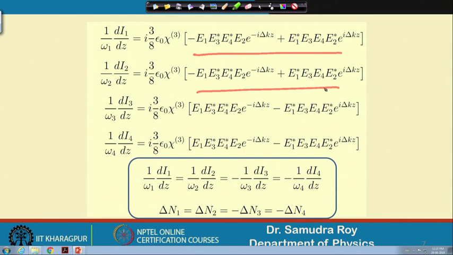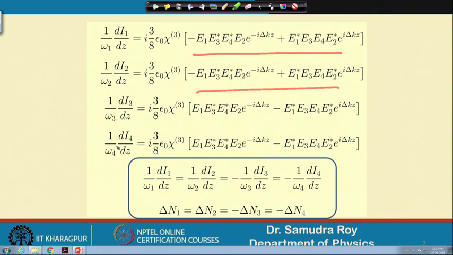So, that means these two are identical expressions, but once we have I3 and I4, you will again have a similar expression, but with a negative sign. So, this term will become positive and this term will become negative.